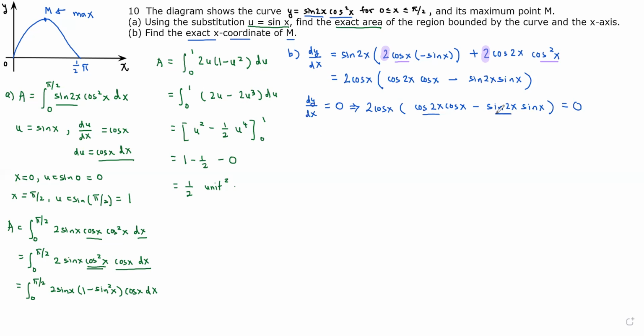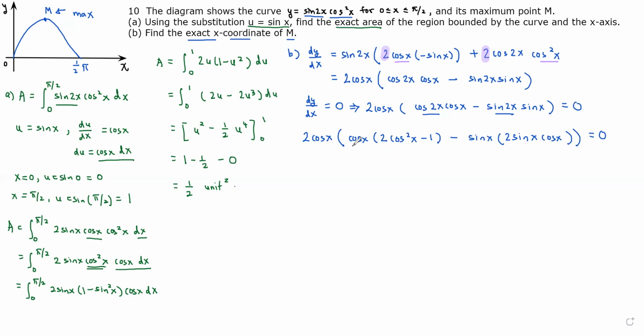Cos 2x and sine 2x have to be written in terms of x. We apply the double angle identity. So pull out the cos x here. Cos 2x is 2 cos square x minus 1. And then we can pull out the sine x. And sine 2x is 2 sine x cos x. This is equal to 0.